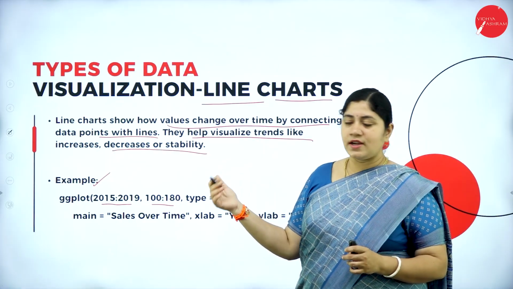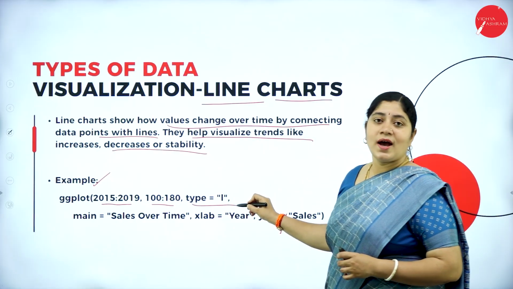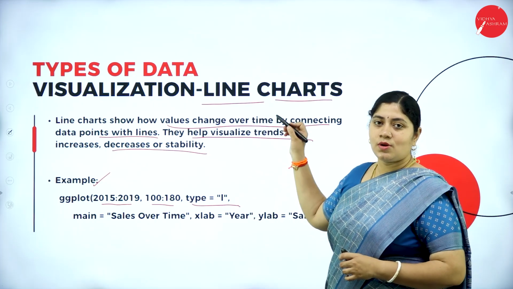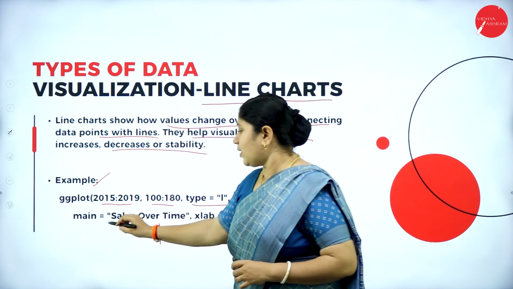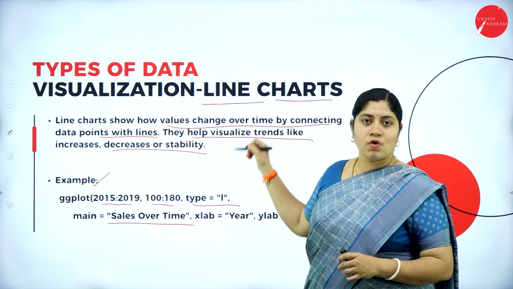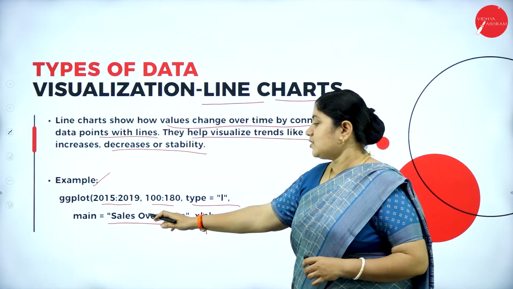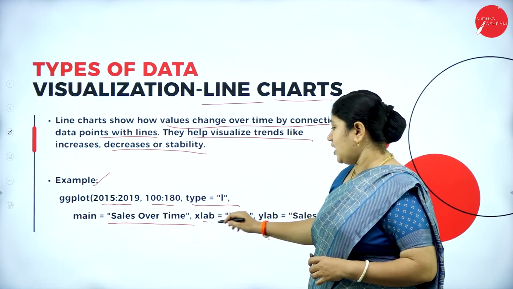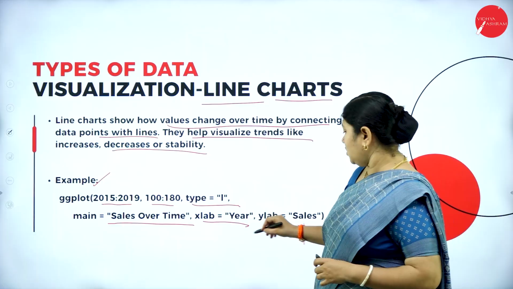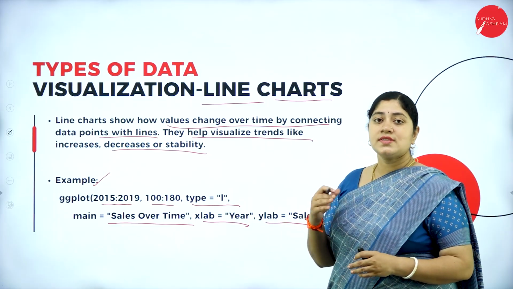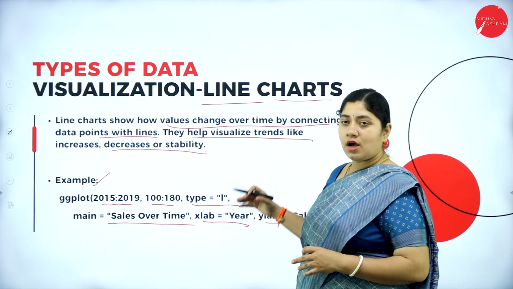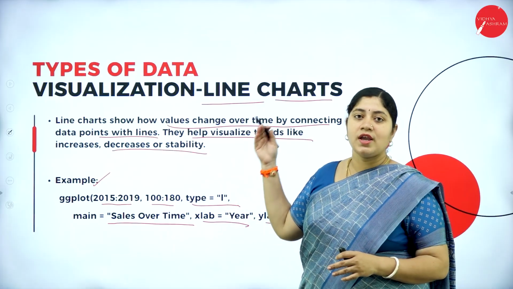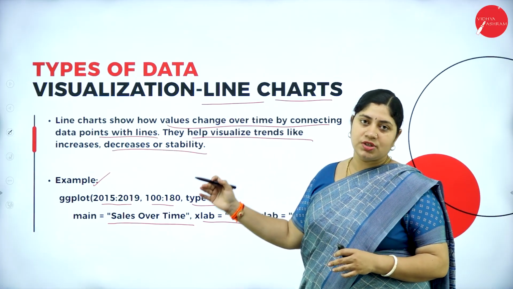So over here for a line graph, I have to represent it by an l, okay? That's a lowercase l, then followed by the main heading, what it has to show, main sales over time, okay? Then the X label should show year, and the Y label is sales. So this is how I can represent my line graph by using ggplot.